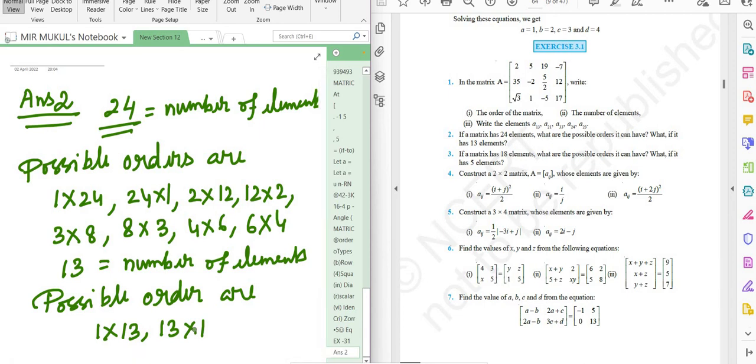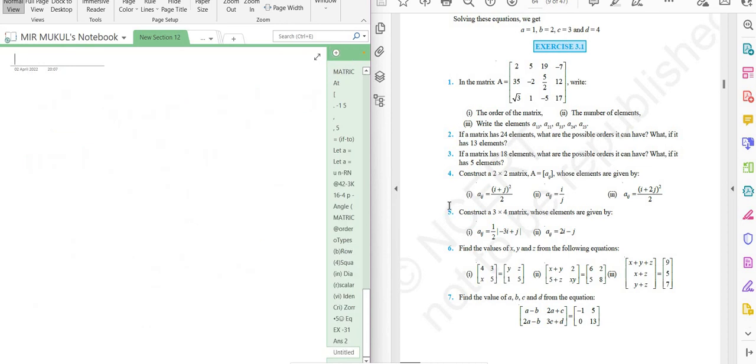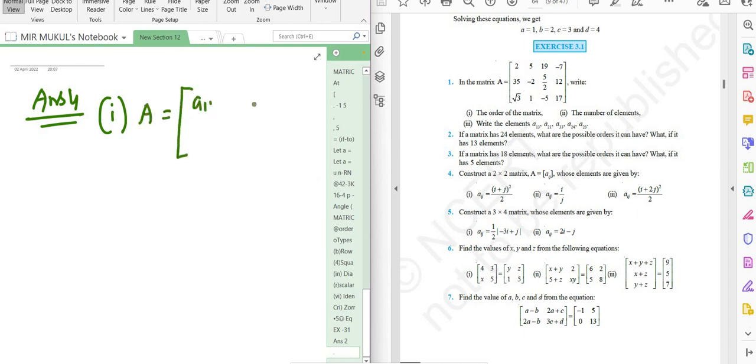Now question number 3 I am giving as homework. Question number 4: now answer 4. One question I am showing, the other 2 you will do. Construct a 2 cross 2 matrix. That means A equals a 2 cross 2 matrix you have to construct, with elements A11, A12, A21, A22.